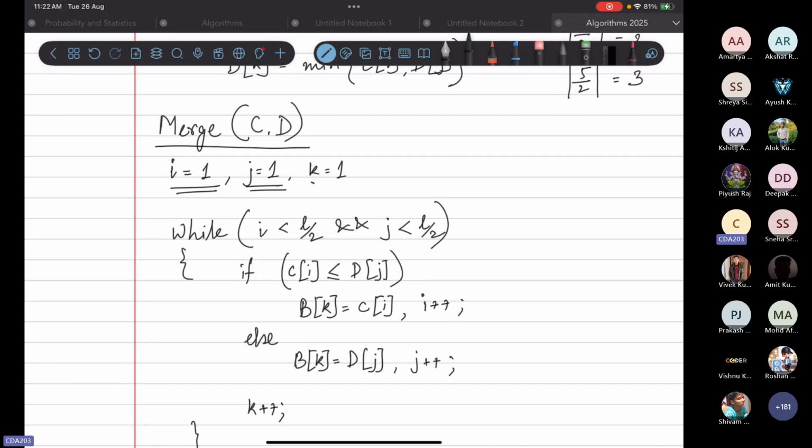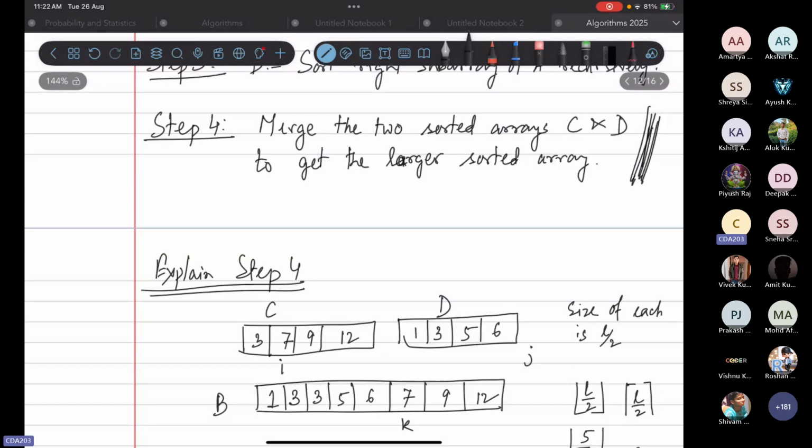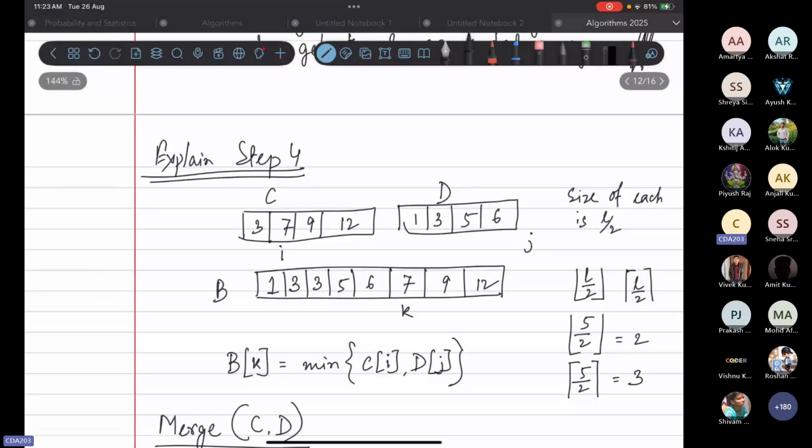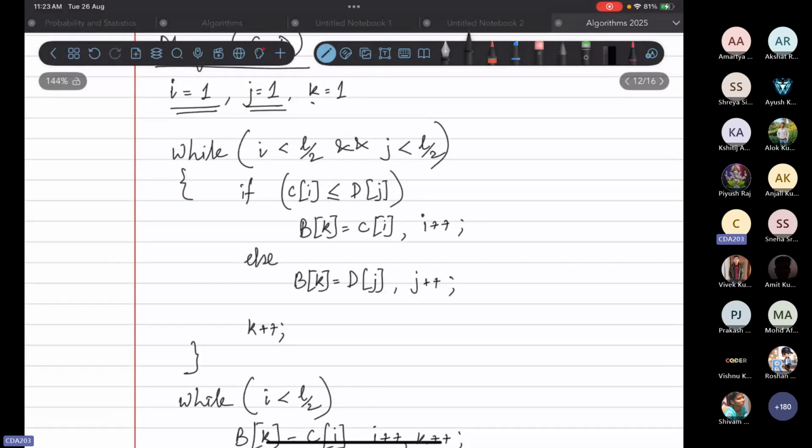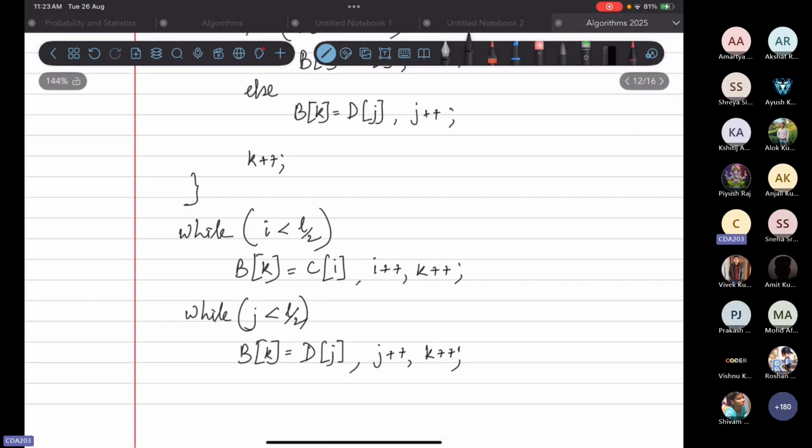If both of them are equal, let's assume that I'll consider it from the Ci. As the case happened in here, both of these arrays have 3 and 3. So I can take any one of them. Yes, correct. So I should be writing it equally.